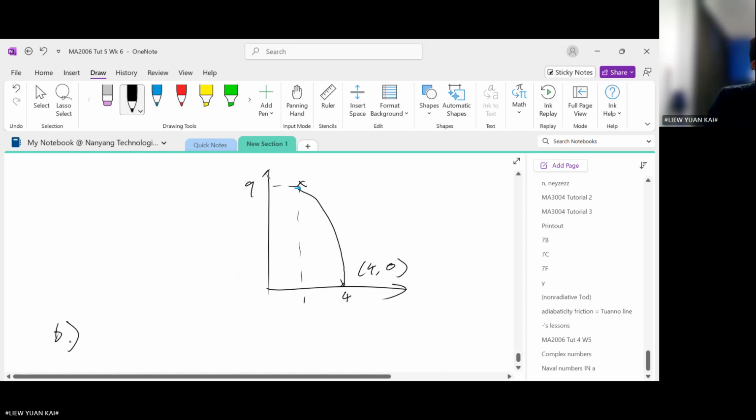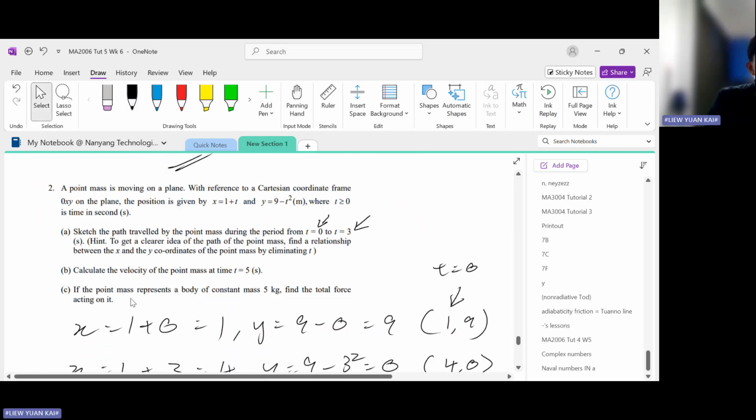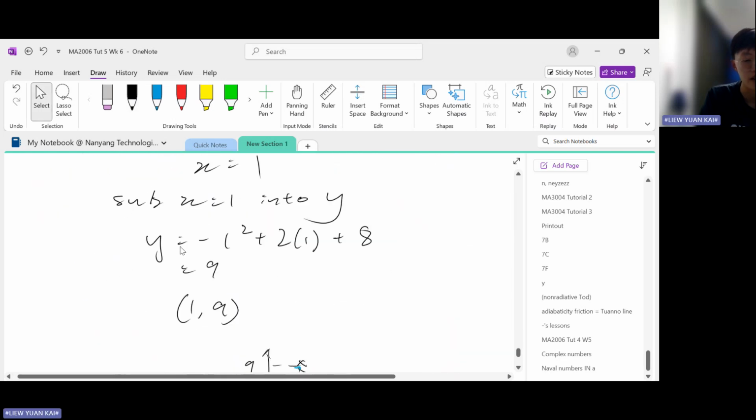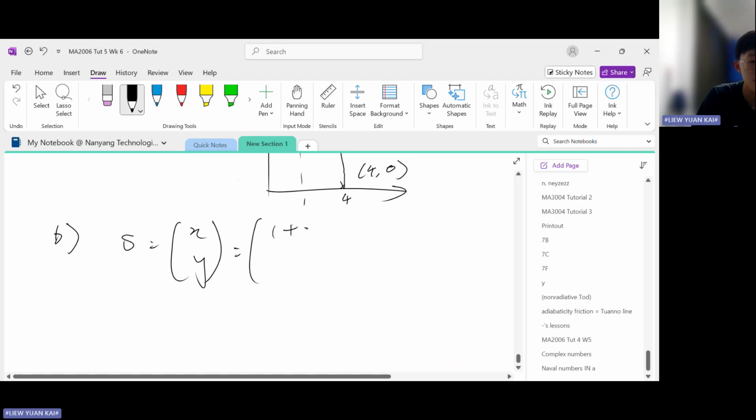Part B asks for the velocity at the point. So remember that velocity is the time derivative of displacement. First, we need the displacement function. The displacement function is a column vector with x in the x entry and y in the y entry. They told us the formula for x is this, and the formula for y is this.